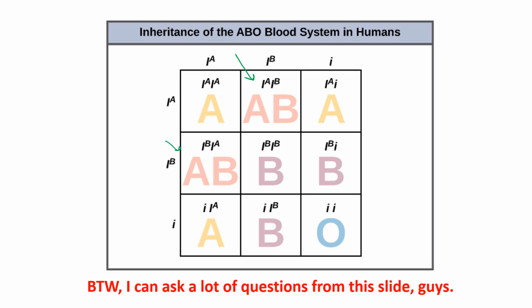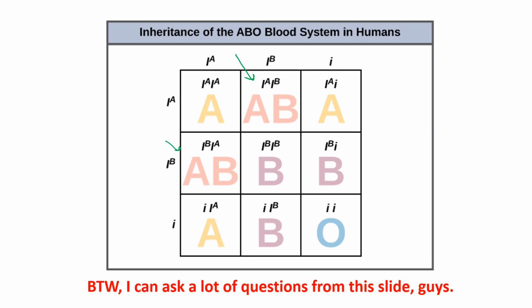So AB type blood. Just looking at this, it's not really big, but it's a pretty hefty Punnett square. It's kind of like 3 by 3, and I can ask, okay, if somebody has a B type blood, that's the phenotype, so what's the potential genotype?